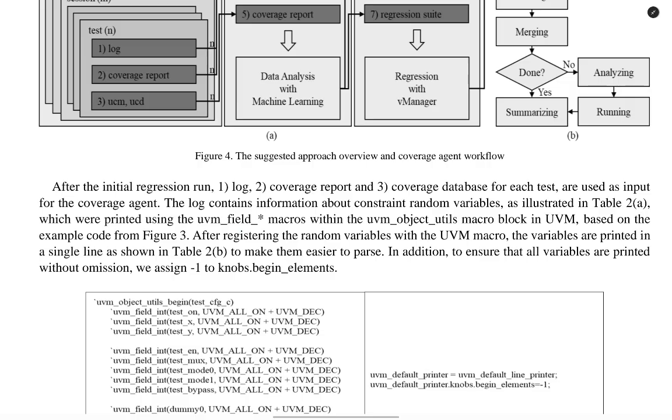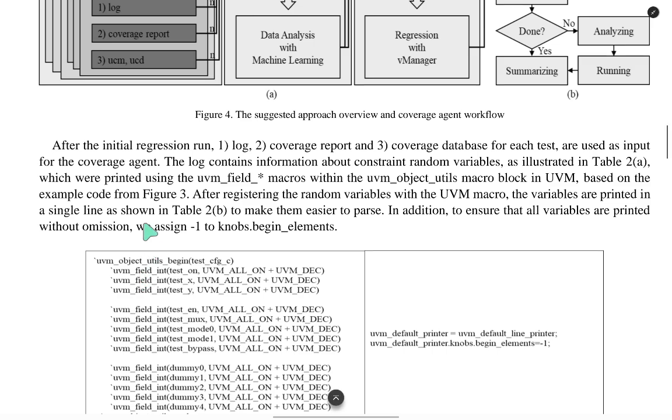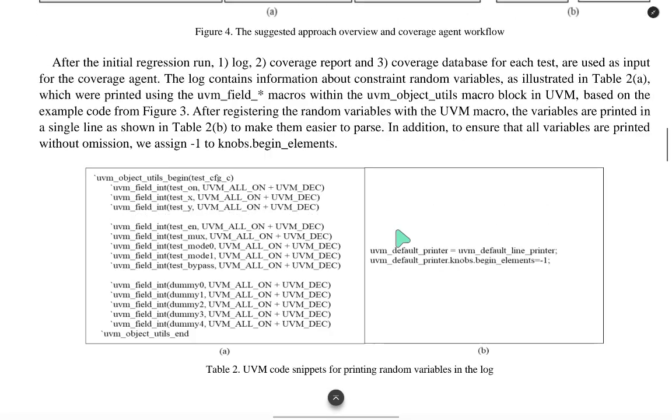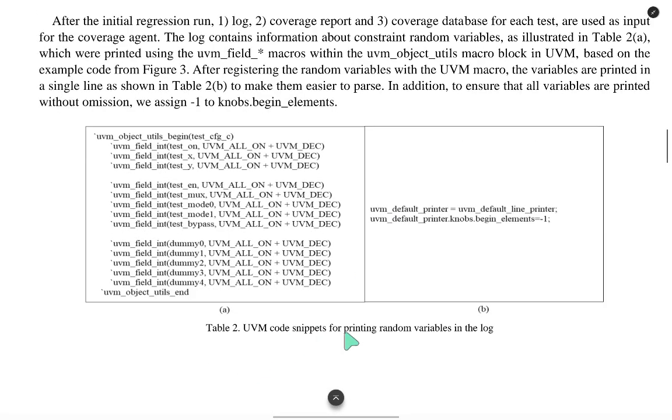After registering the random variables with the UVM macro, the variables are printed in a single line as shown in Table 2 to make them easier to parse. In addition, to ensure that all variables are printed without omission, we assign -1 to those uninitialized elements. Table 2 is a UVM code snippet for printing random variables in the log.